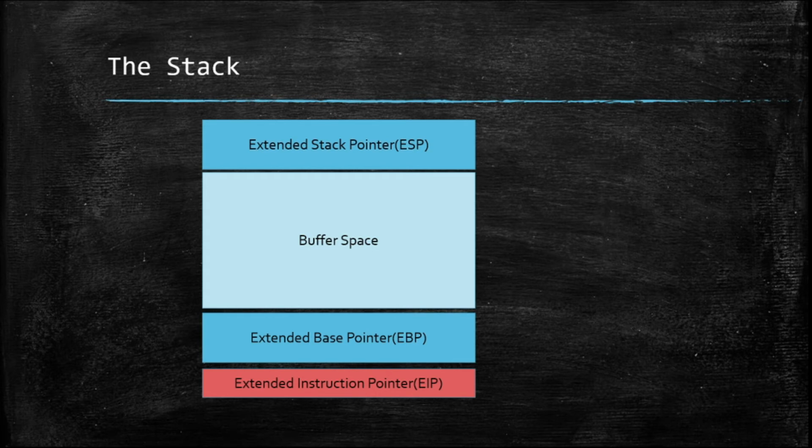I don't want you to feel intimidated at all. Just understand that at the stack here, which is part of the memory, you have the ESP, the buffer space, and the EBP as well as the EIP, which is the return address.